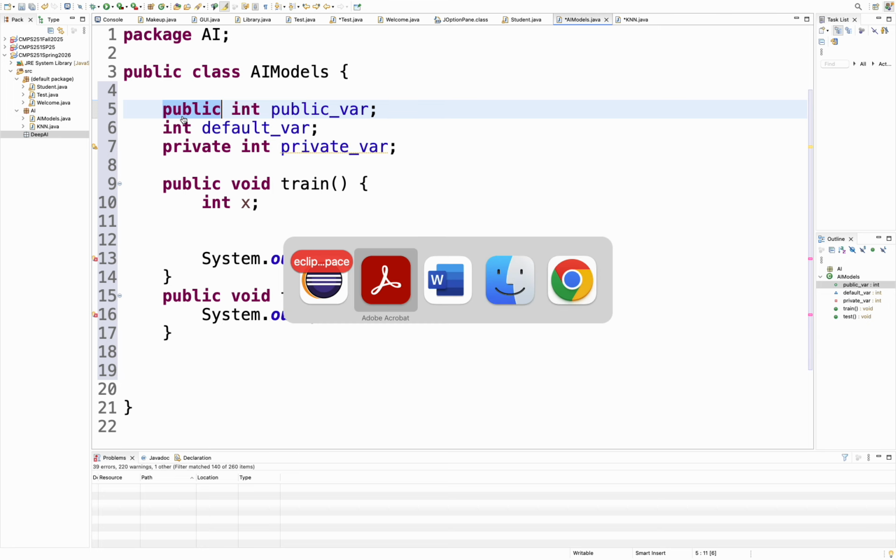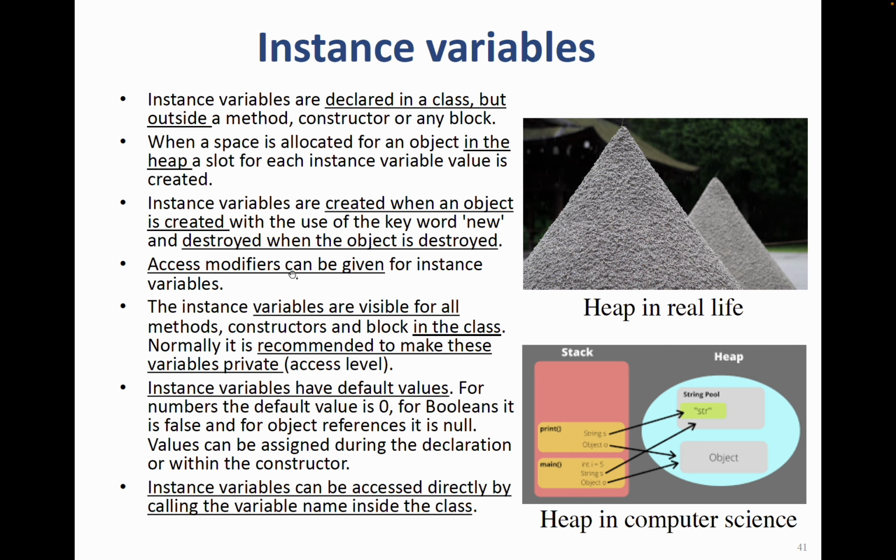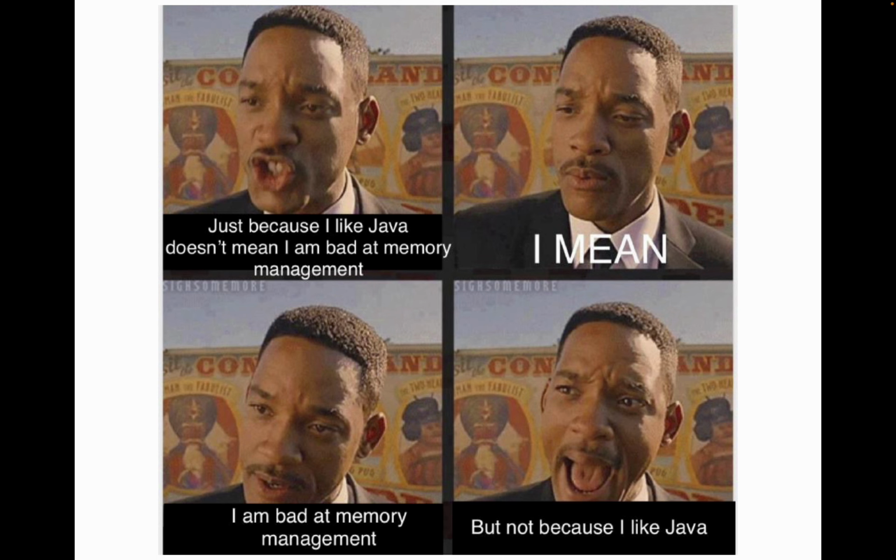And again, now I'll go back to this part. An instance variable is created when an object is created, and destroyed when the object is destroyed. So what does it mean? I just want to show this meme. If you learn Java and Python, you don't need to worry about memory management.